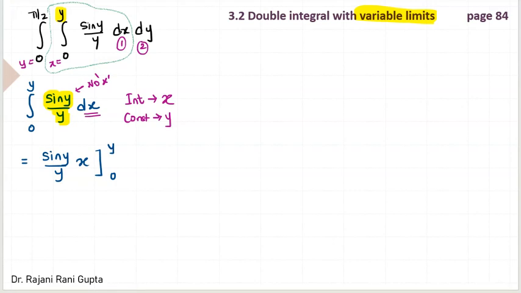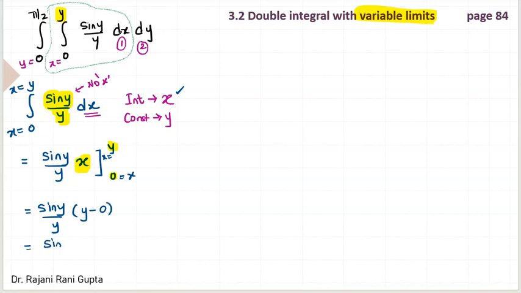These are the limits for which variable? x. How do you know that? Because you are integrating with respect to x. So x is from 0 to x is equal to 1. So what you have to do next is replace this x once with y and then by 0. So this gives you sine of y over y and then y minus 0.